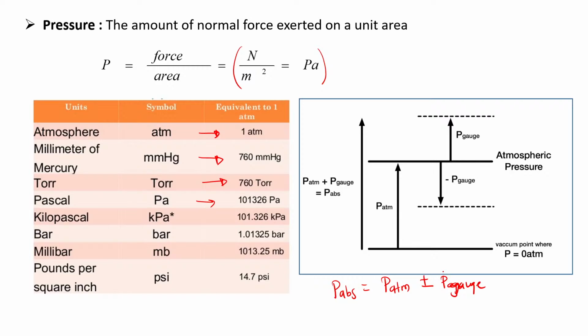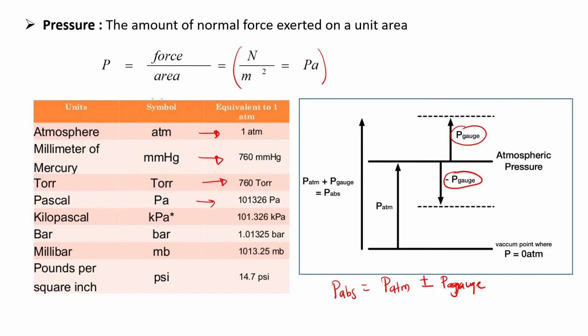Gauge pressure we measure with respect to local atmospheric pressure, and absolute pressure we measure with respect to absolute zero pressure. Accordingly, positive gauge pressure is there, and negative gauge pressure, also known as vacuum pressure or suction pressure, is the pressure below the atmospheric pressure.